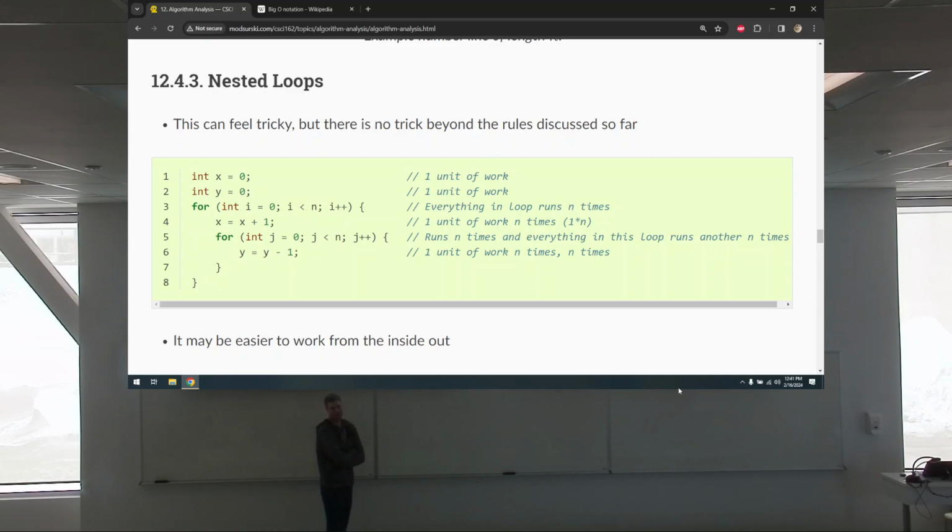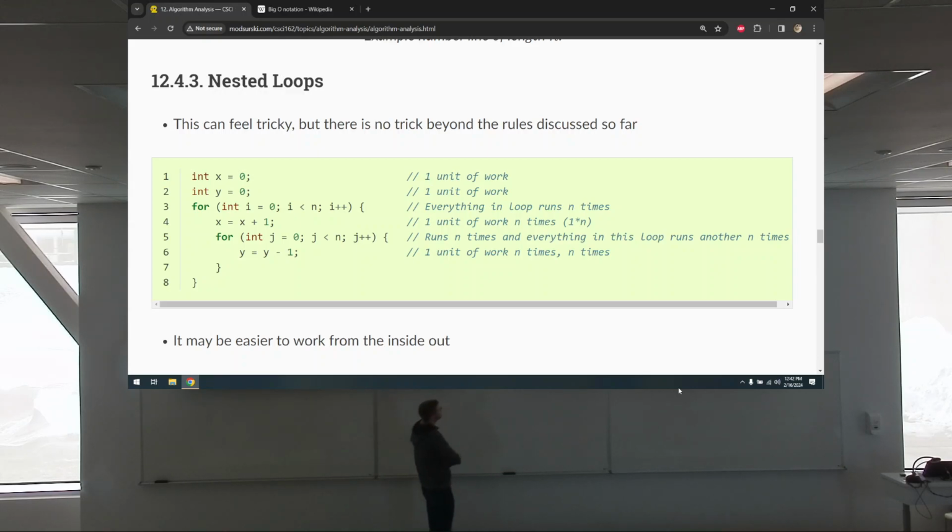Just someone very confidently say it. n times. There you go. Why? Because there's a loop that goes from 0 to n, and line 4 will run that many times. But here's the question I have for you. How many times will line 6 actually run? n times.